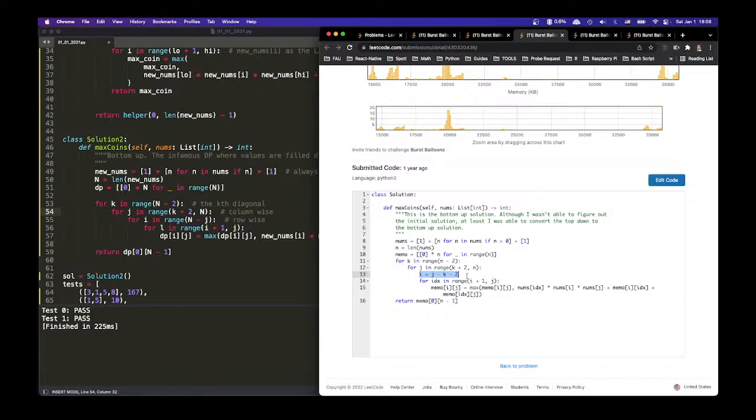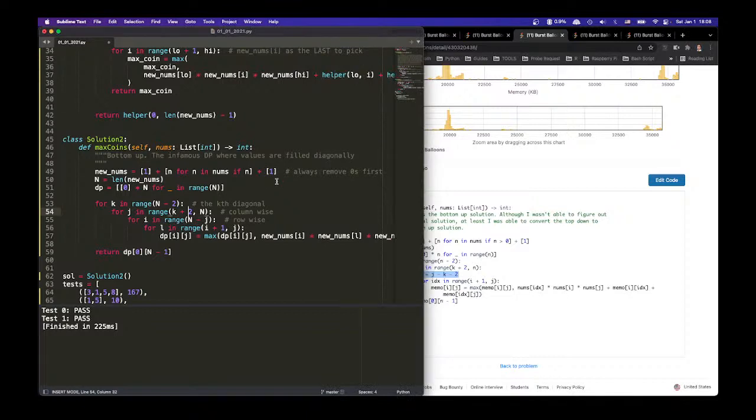So when there's K, and we set J to be 2, 3, this. Whenever we have a K, we have a J, right? K is this. So we loop through J to go through every single one.